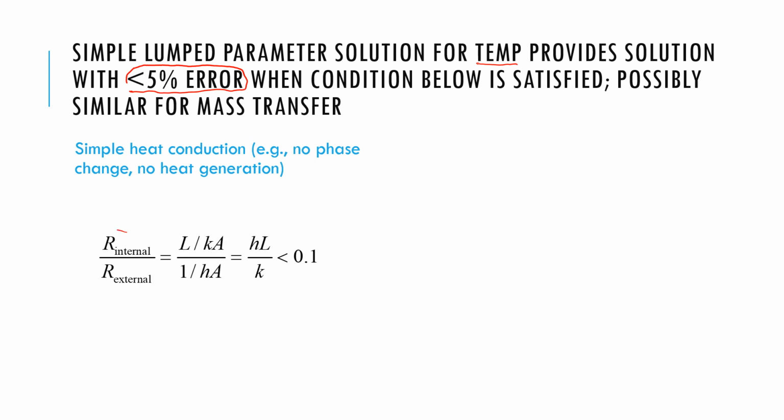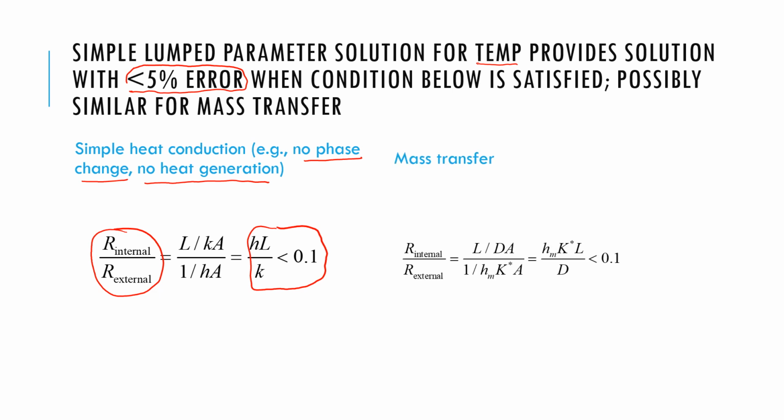So the condition, internal over external resistance given by hL over k, should be less than 0.1, and of course there wouldn't be any phase change, no heat generation and all of that. So it's just for the equation that we derived. Likewise, for mass transfer, we can have a similar situation that allows us to do lumped parameter analysis. In this case, this one is very much like the one for heat transfer, except we have the K star.